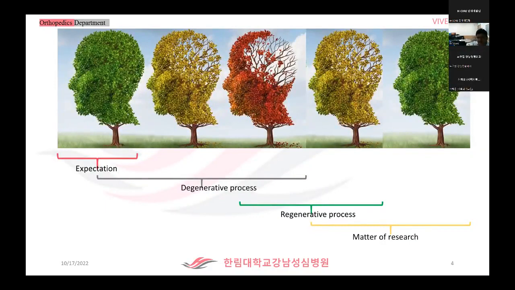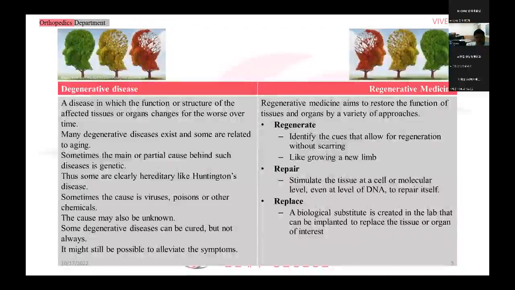But the last picture you can see, it's really a long way to achieve youth from the degenerated phenomena. In a simple way, a degenerative disease, which is very important in our domain, is a disease in which the function or structure of the affected tissue or organ changes or worsens over time.